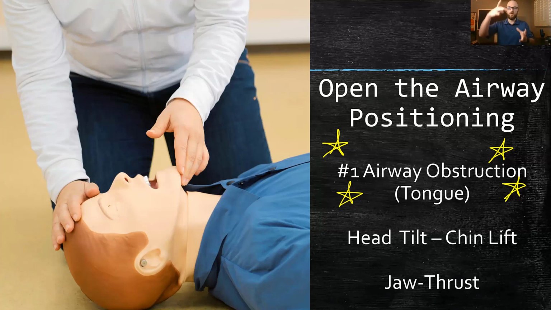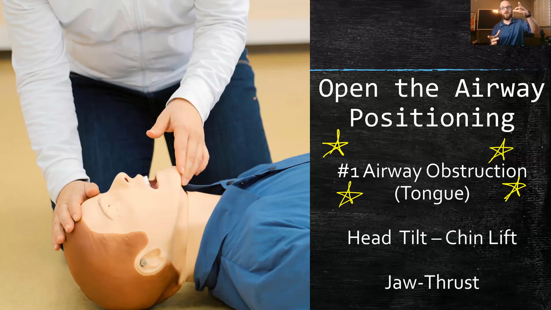It's a little bit easier to open the airway with the head tilt chin lift, or at least to keep it open, because with the jaw thrust you have to sit there holding it open until you do something else. But if it's known, suspected, or you really have no idea yet, do that jaw thrust maneuver, because we can always go to the more manipulating head tilt chin lift.